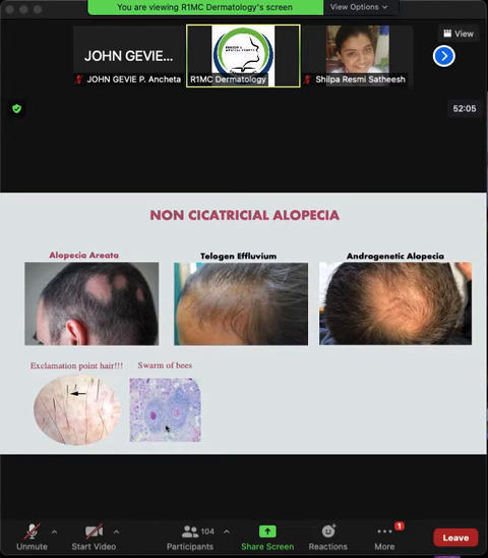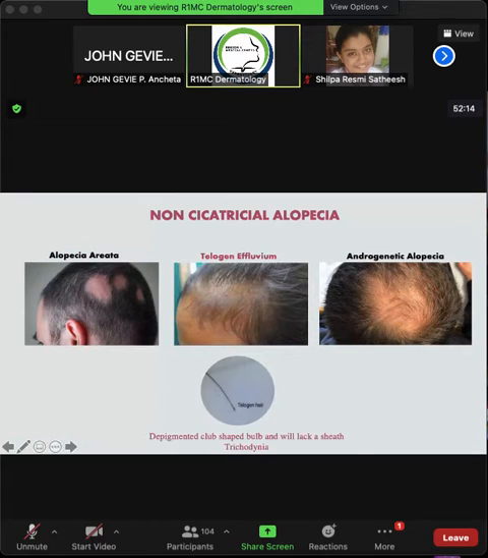And on histology, you would actually note a swarm of bees appearance. So as compared with your telogen effluvium, you would notice a depigmented club-shaped bulb that will lack a sheath.